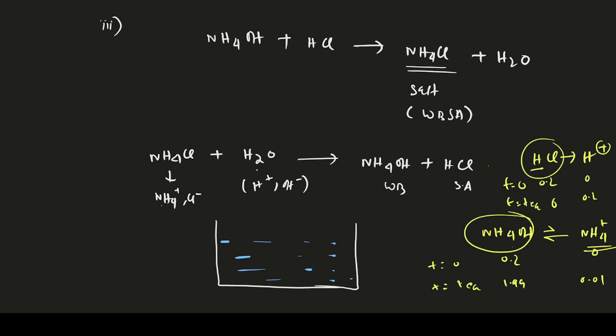So H plus and Cl minus are present, and only NH4OH is forming in the salt hydrolysis. So in the solution, NH4OH is present, H plus and Cl minus are present, and NH4 plus and OH minus are present in very small amounts.